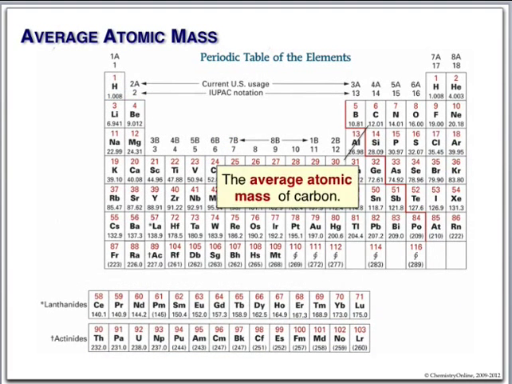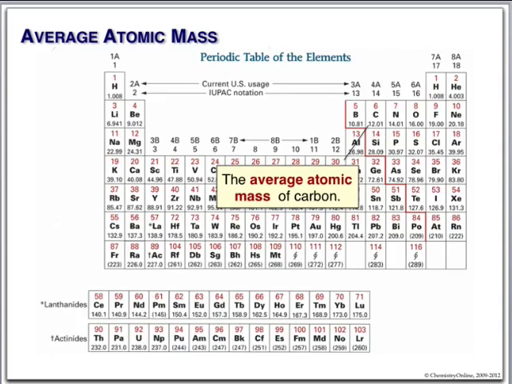And on the periodic table, carbon has an average mass of 12.01. That's why when you look at all of the masses on the periodic table, none of them come out even. That's because they all exist as collections of isotopes.